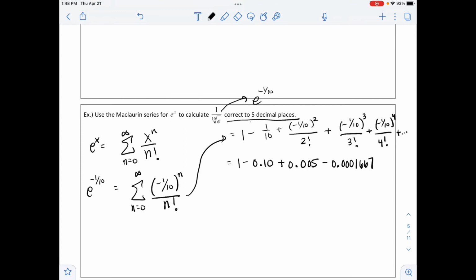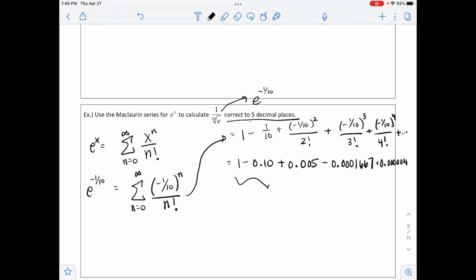And then the next term that we have would be plus, and 1/10 to the fourth divided by 24 is going to be 0.00004. And so you'll notice that that is no longer affecting the decimal place that we would have.